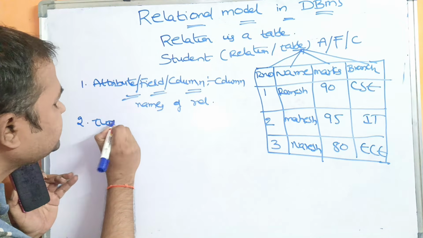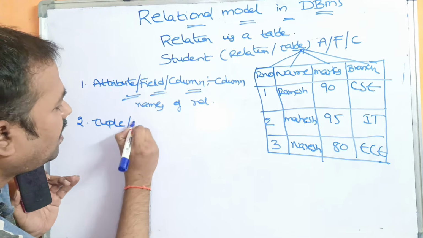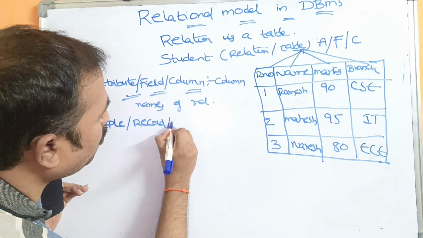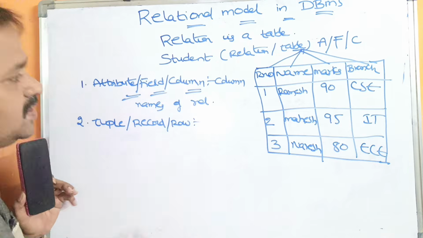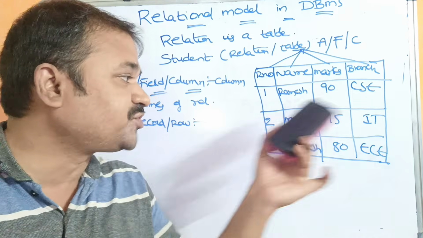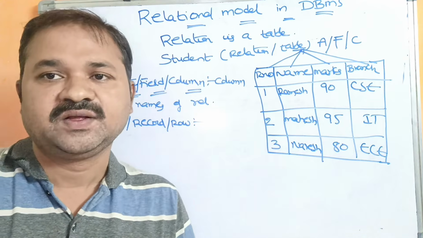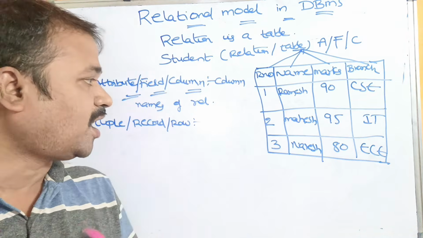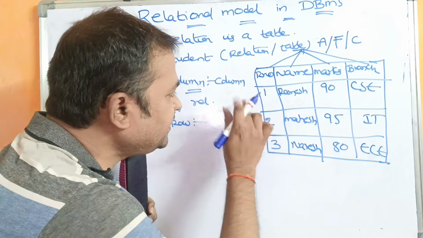Now let us see the second terminology. The second terminology is tuple or record or row. Tuple or record or row means the row of a relation. Here how many rows are there?